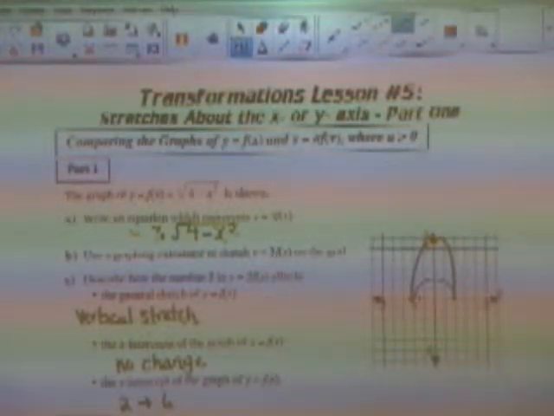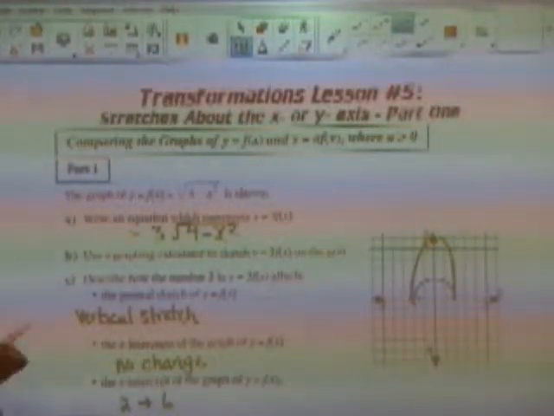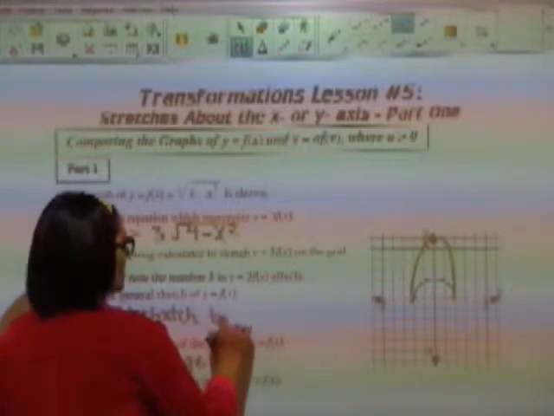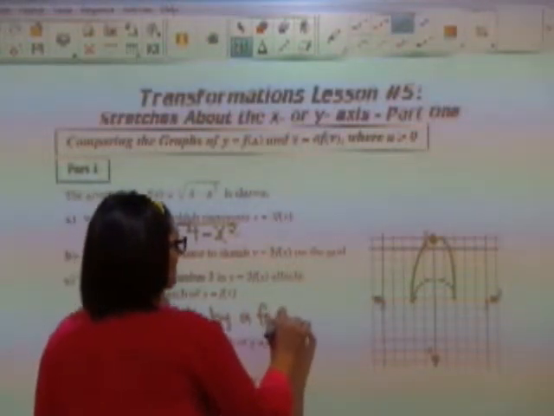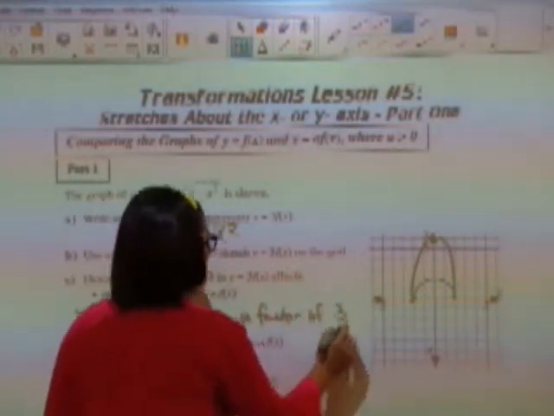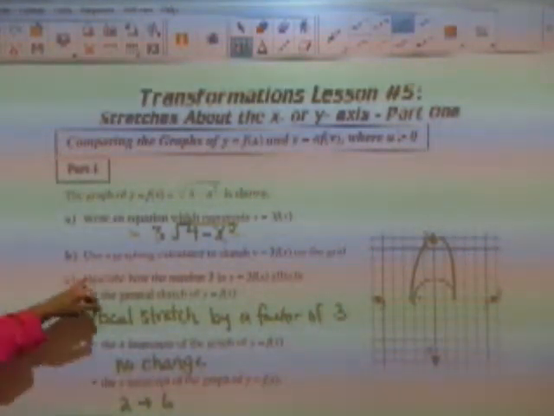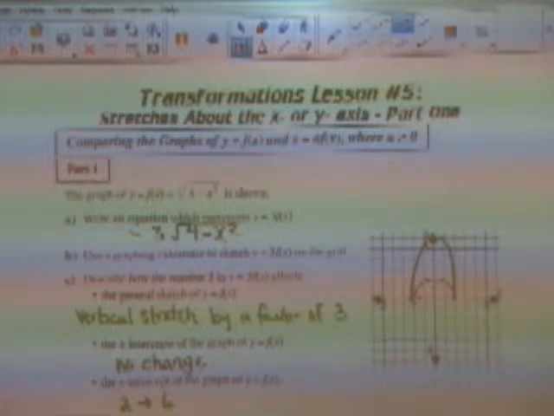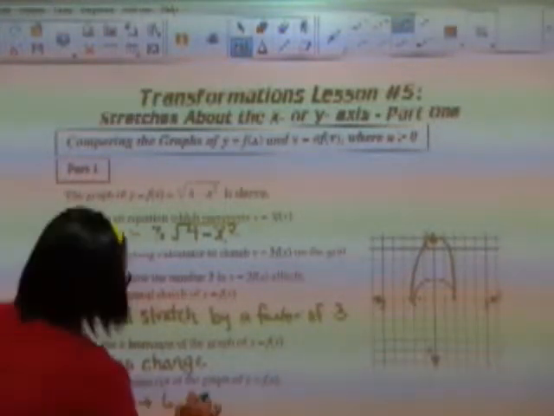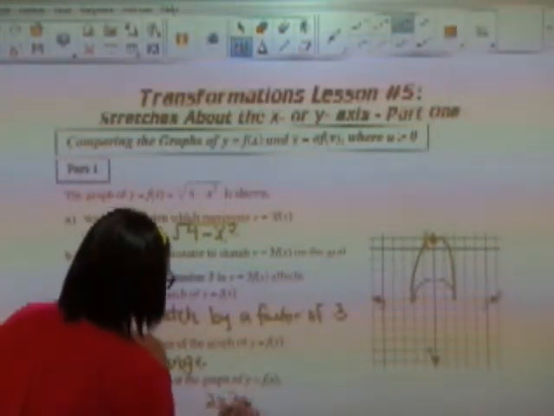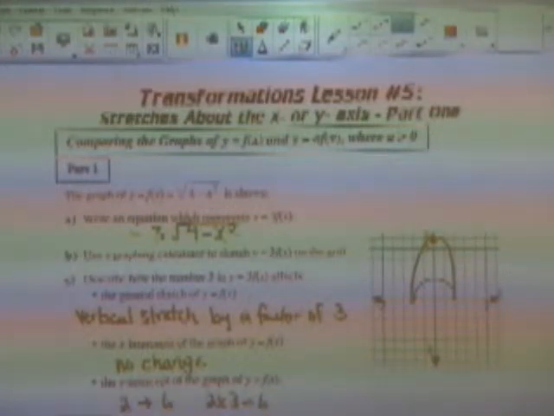And where does the 3 come in? It was in the equation. So this becomes a vertical stretch by a factor of 3. So how does the number 3 affect the y-intercept? Well, 2 times 3 gives me my 6.